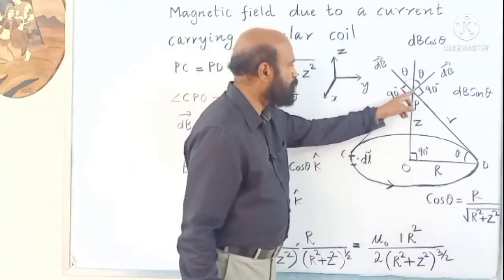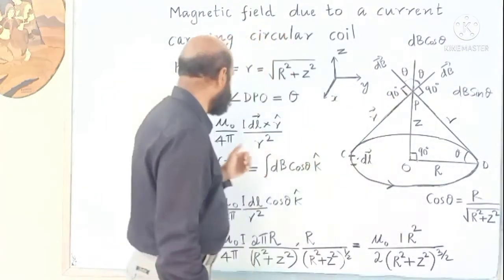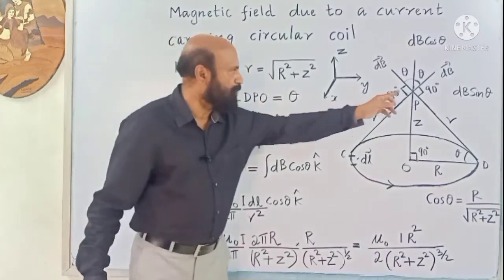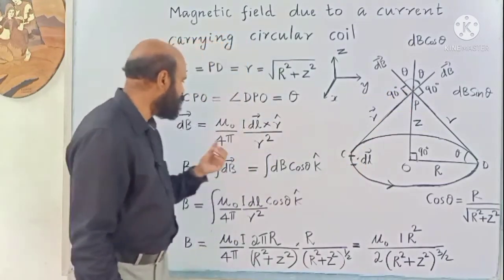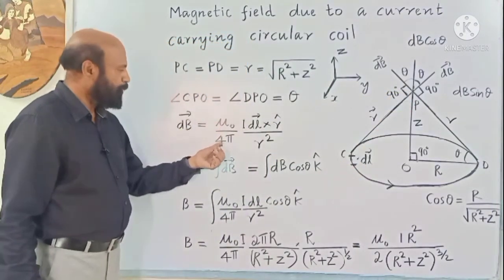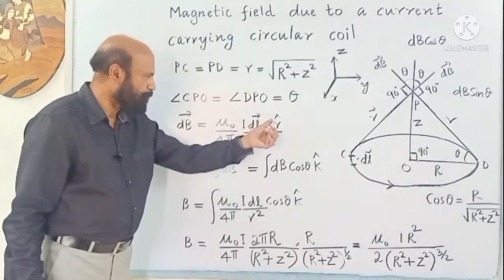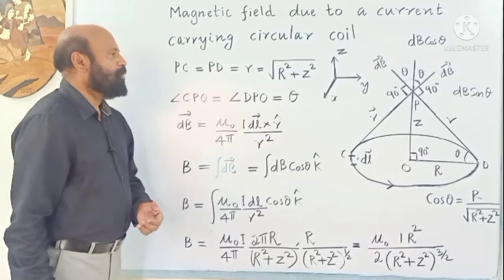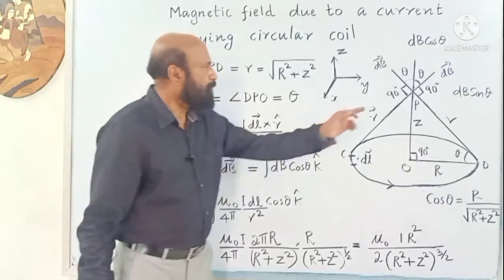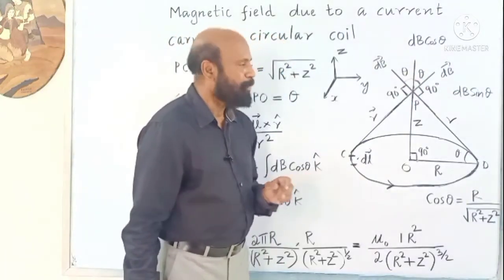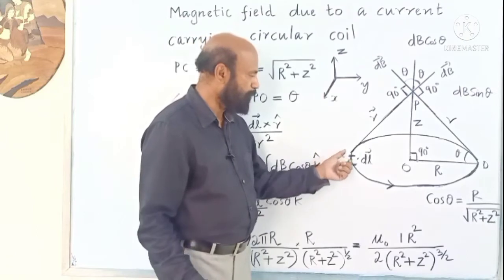Then apply the Biot and Savart law. Using the Biot and Savart law, the magnetic induction due to this current element is mu 0 divided by 4 pi, I dl vector cross r cap divided by r square. Then the magnetic induction will be perpendicular to both the dl vector and the r vector.